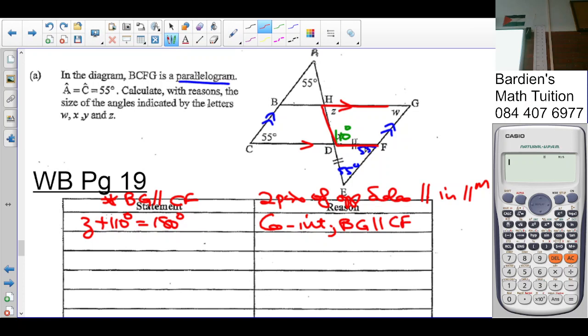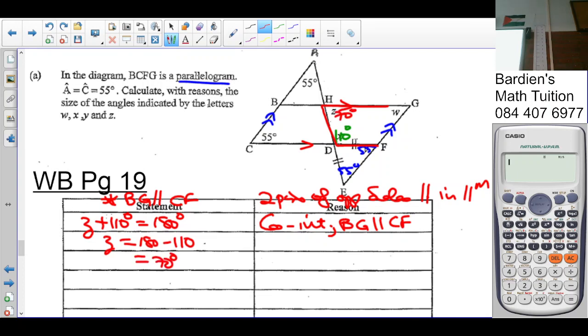What do you notice about the diagram? I'm populating the diagram with whatever I've calculated at this point. So z is equal to 180 minus 110 degrees, which is 70 degrees.